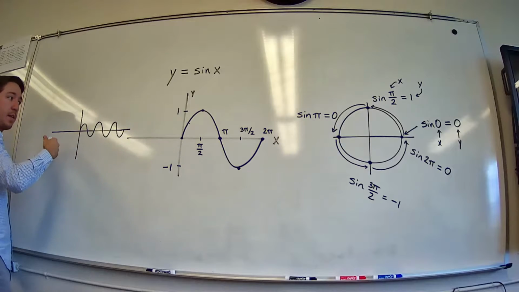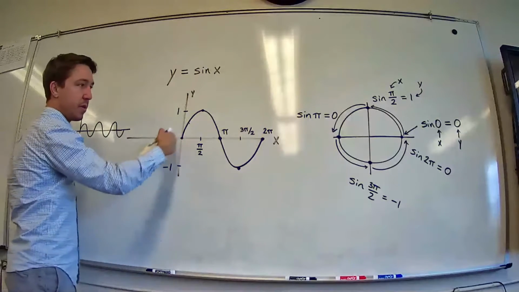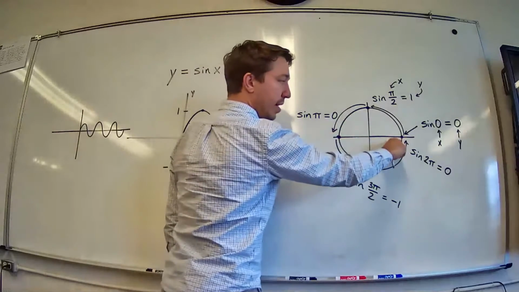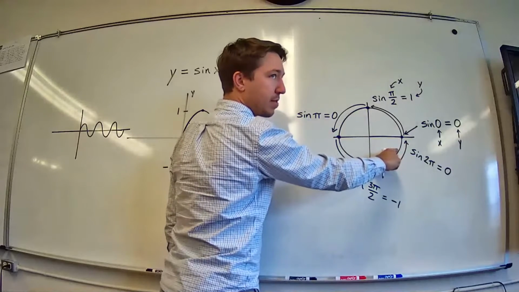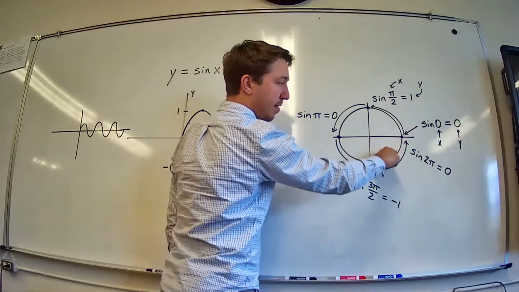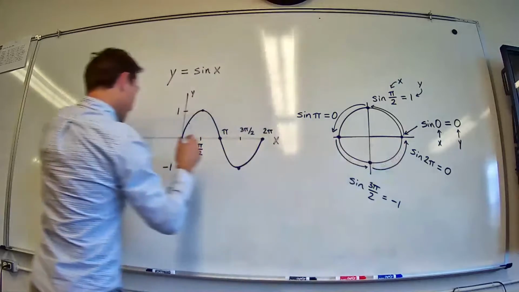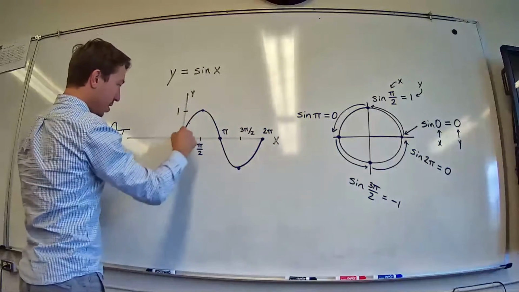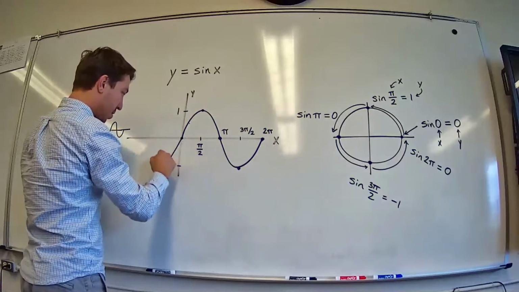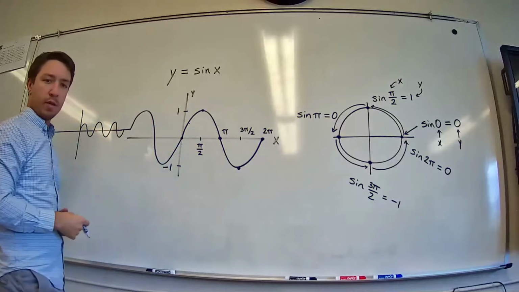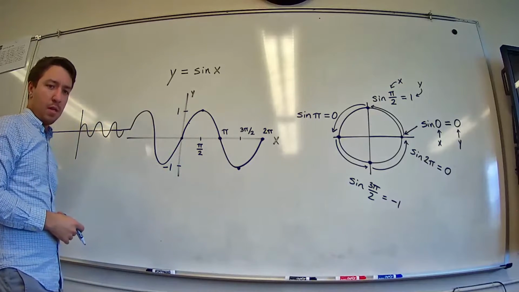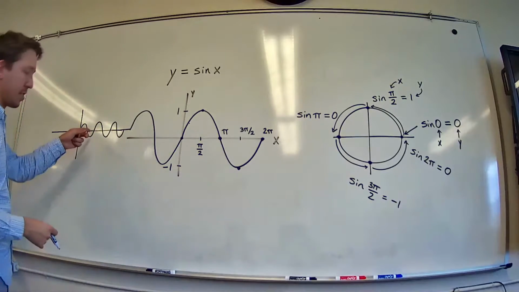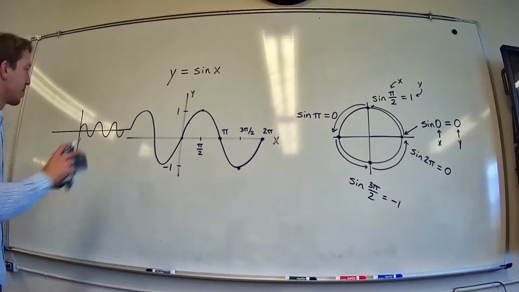And then on the left side, suppose I move to a negative angle. Do I get negative sine values or positive sine values if I go in the negative angle direction? Negative. So what that tells me is that this graph would go kind of like that. This is the zoomed out version.